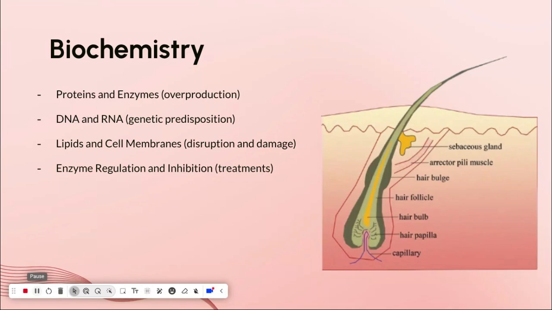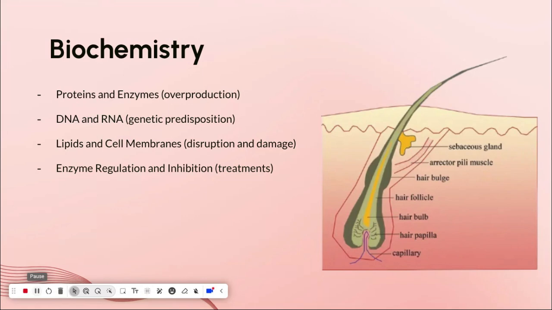follicle cells. And going into lipids and the cell membrane, lipids form the structural basis of cell membranes, influencing cellular communication and signal transduction. Disruption of lipid signaling pathways in immune cells, such as T cells, may contribute to the autoimmune attack in alopecia areata.